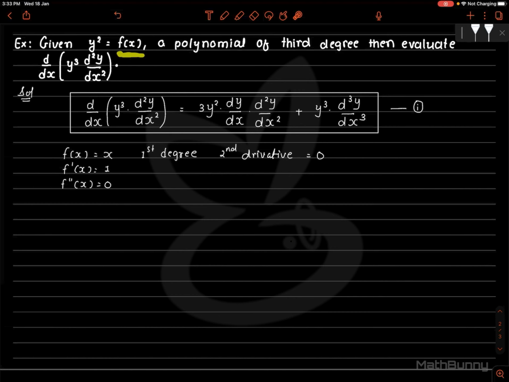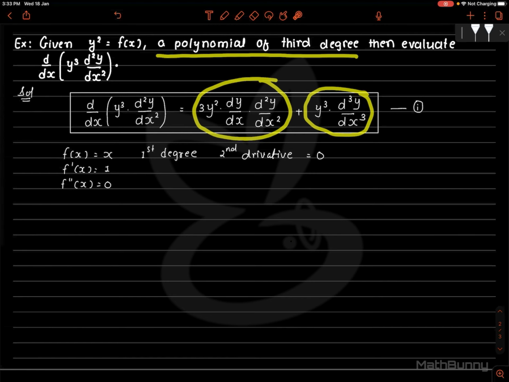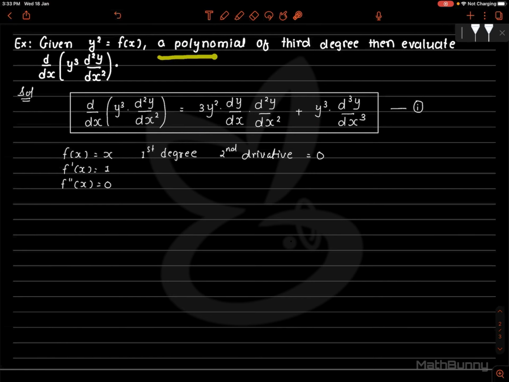If f of x is a polynomial of second degree, then this term would be 0. If f of x were to be the polynomial of first degree, then there is chance that this term is also gonna be 0, and the questioner is asking us not to consider any of this term as 0. That is why it is written f of x is a polynomial of third degree.